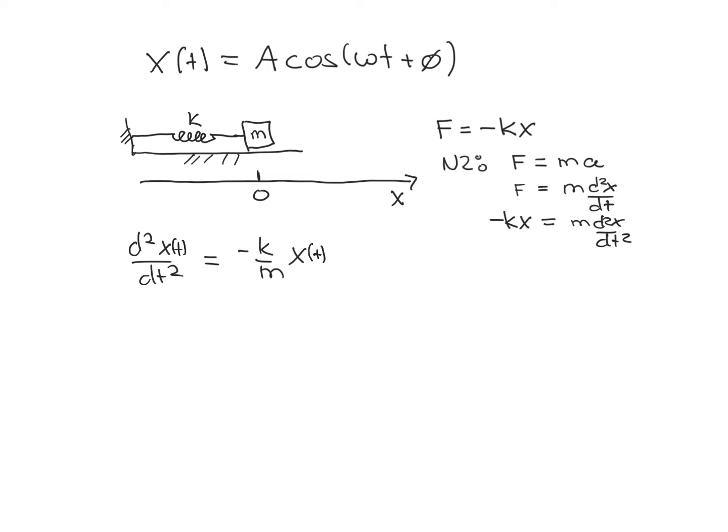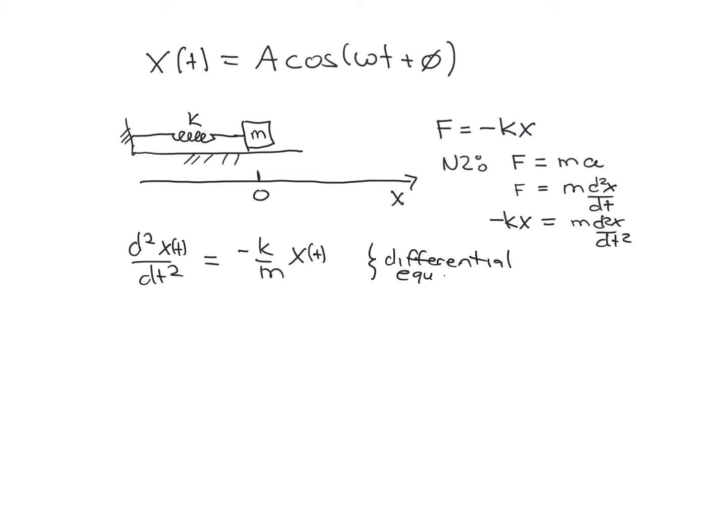So the idea is that what Newton's second law tells us is that however x varies as a function of time, at all times t, this equation must be satisfied. This thing that we just wrote down, by the way, if you don't know, is an example of what is called a differential equation.